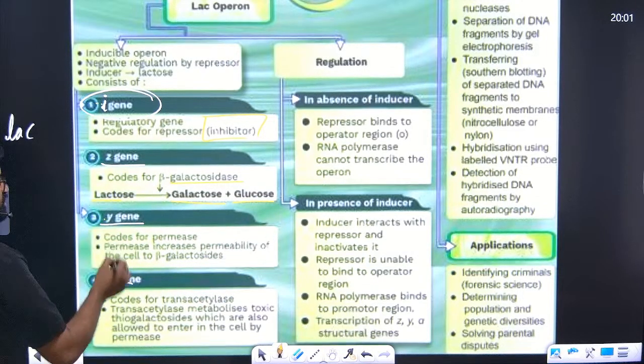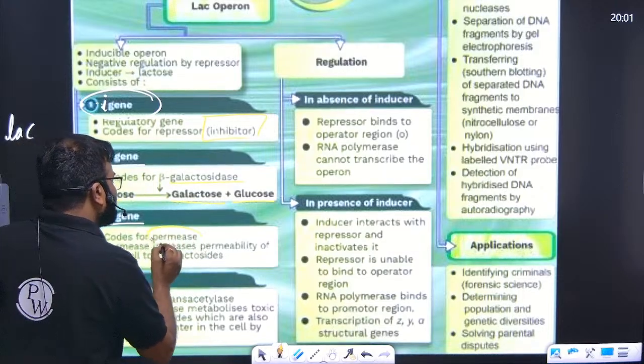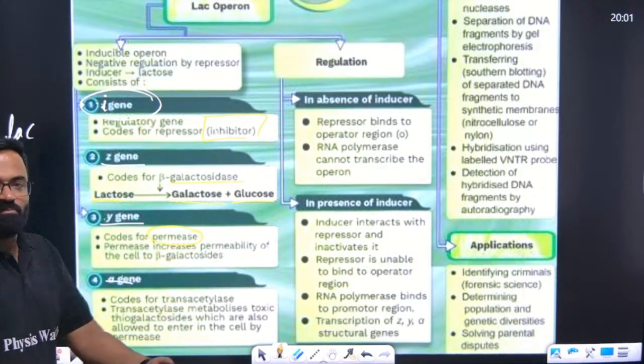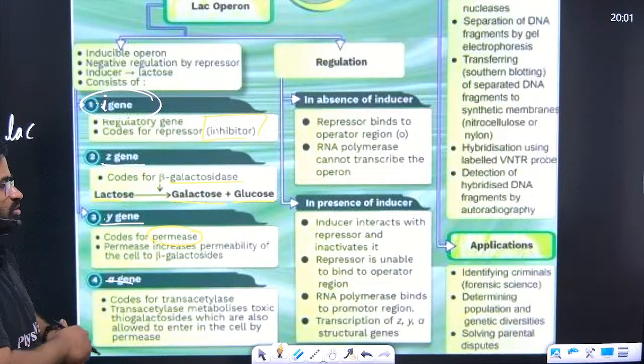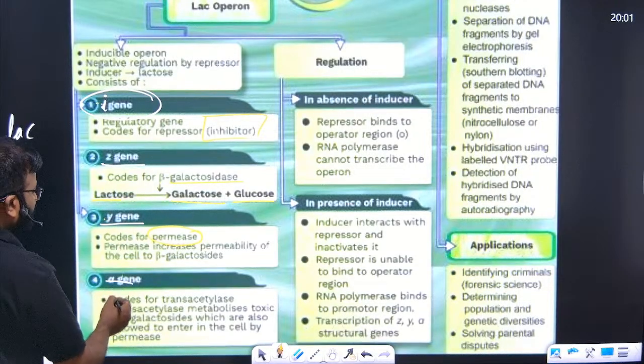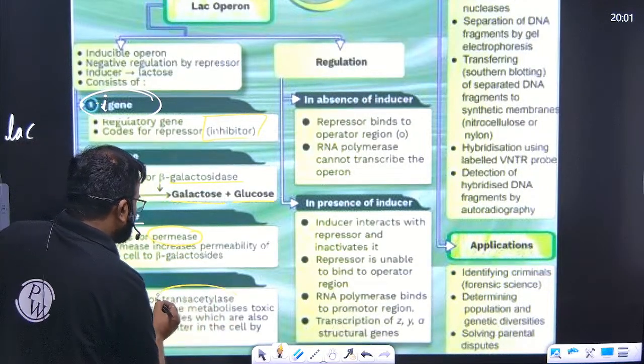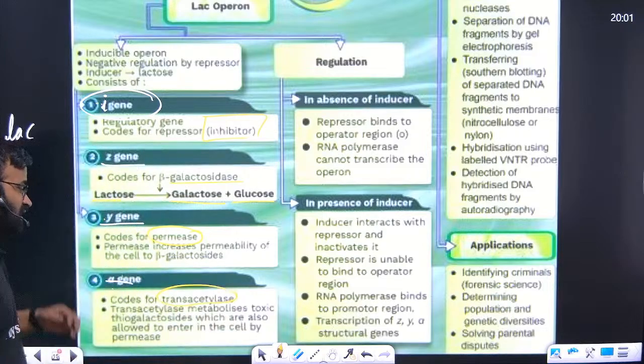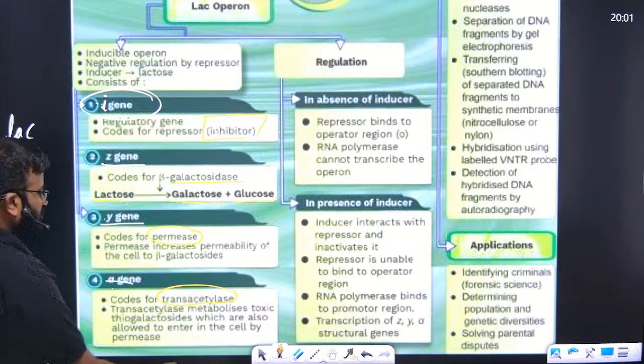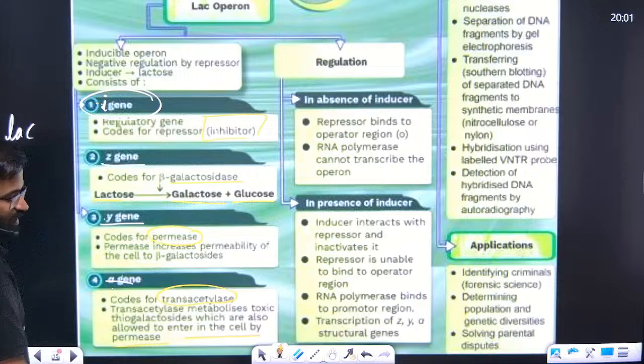Y gene codes for an enzyme called permease, which permits the entry of the sugar into the cell. A gene codes for an enzyme trans-acetylase. Trans-acetylase metabolizes toxic thiogalactosides, which are also allowed to enter into the cell by permease.